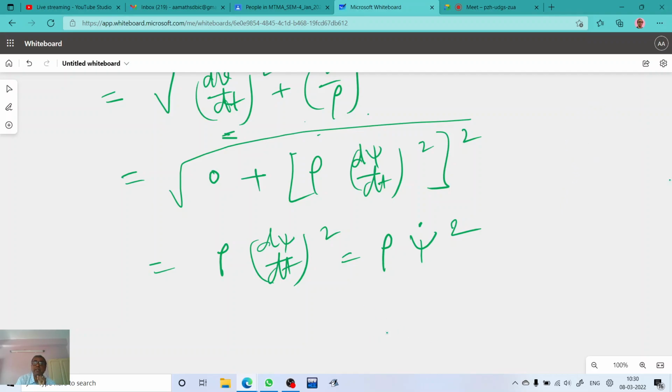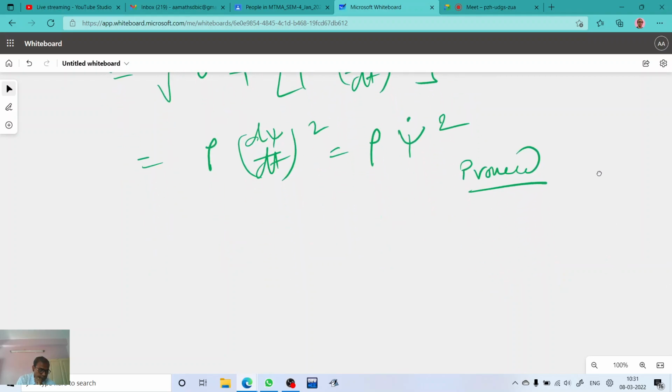This is the result proved. This is the normal acceleration if the car is moving with uniform speed. Clear? Yes, sir. Okay. Next question.